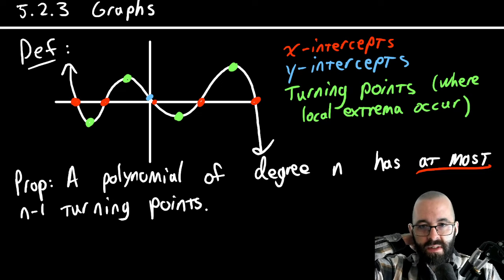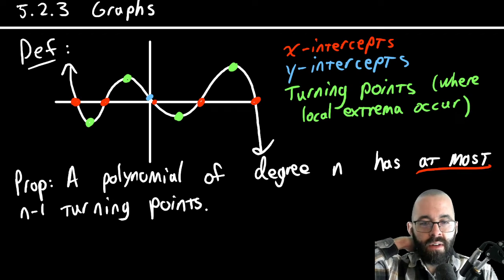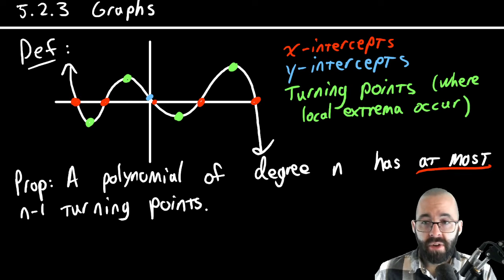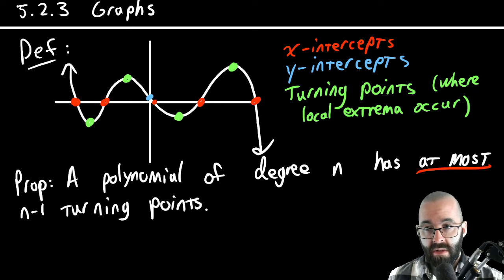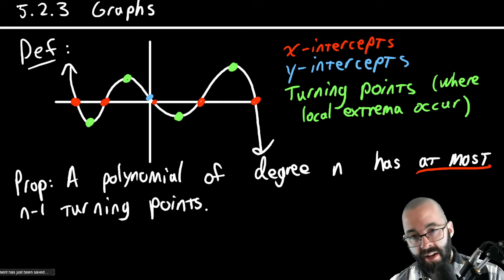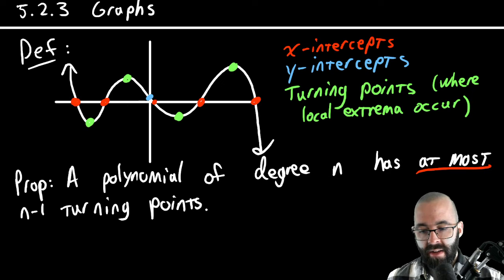And that at most is very, very important. That means a fourth degree polynomial has at most 3 turning points. If n is 4, n minus 1 is 3.